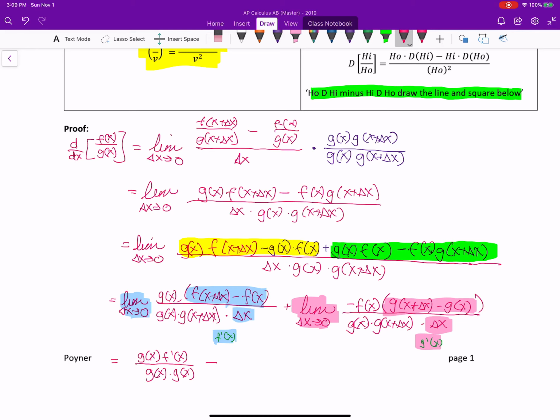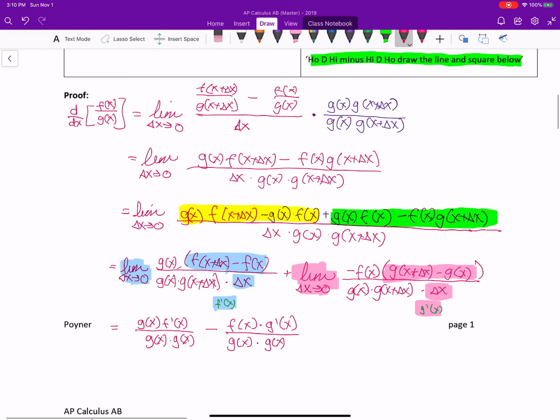I can take that out. The f of x is not affected by the limit because it's delta x approaching 0, so it's just an f of x, times, in the pink, all of that is the definition of g prime of x, over, in the denominator, g of x times, when I apply the limit to g of x plus delta x, it's going to be g of x as well.